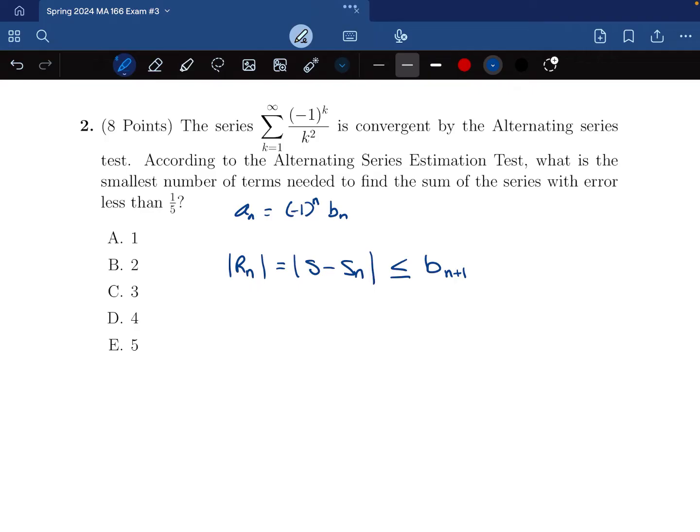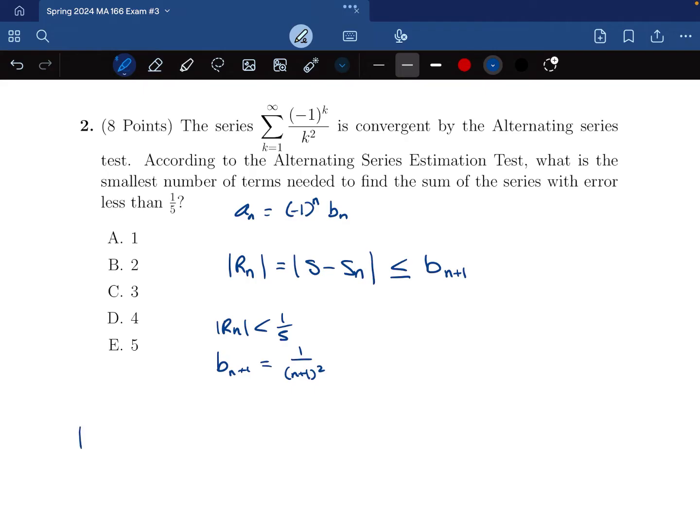Okay, so we know that we want Rn to be less than 1/5, and we know that Bn plus 1 is equal to 1 over n plus 1 squared. Okay, this is from the problem.